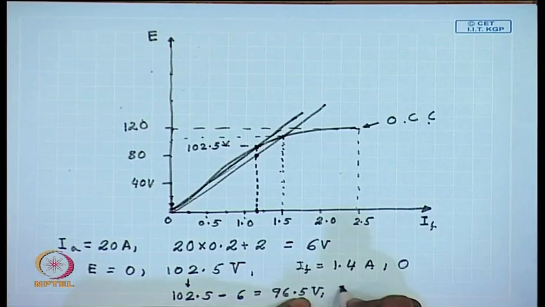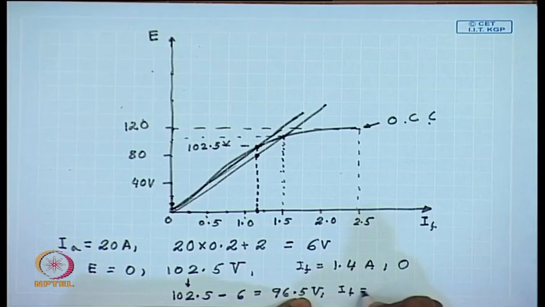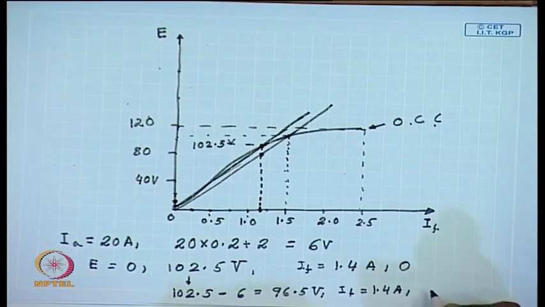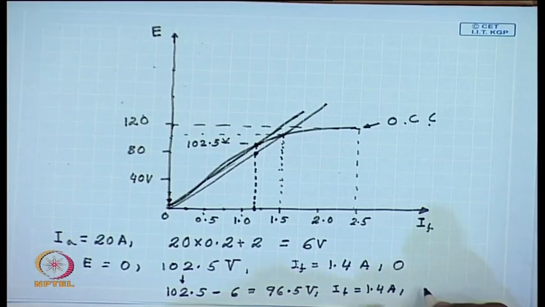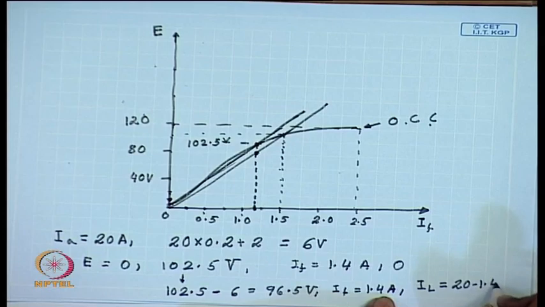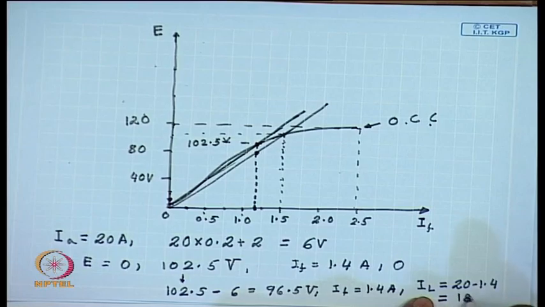Field current at that point is IF equal to 1.4 amperes. Therefore, the load current IL equal to 20 minus 1.4 equal to 18.6 ampere.